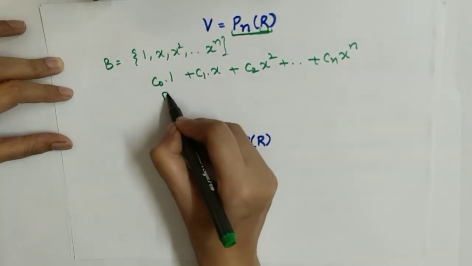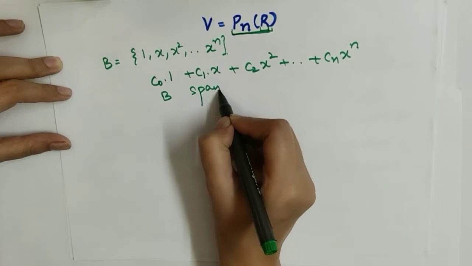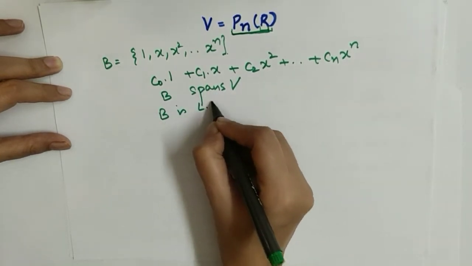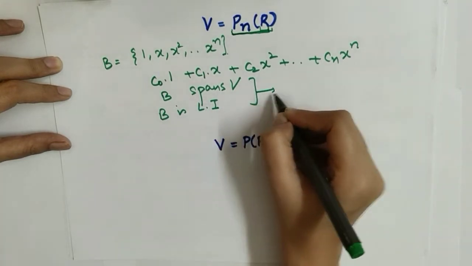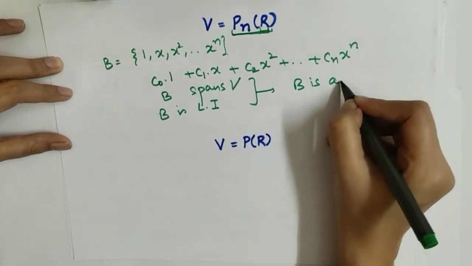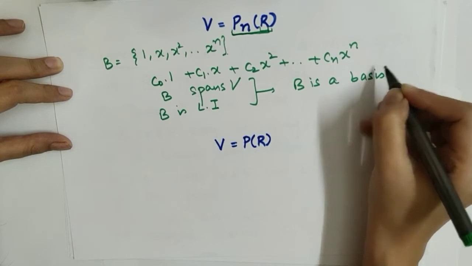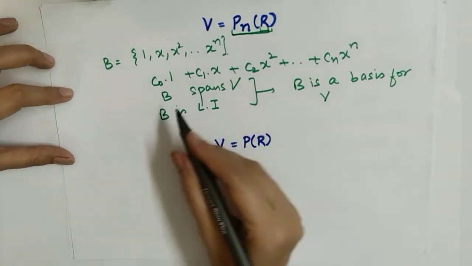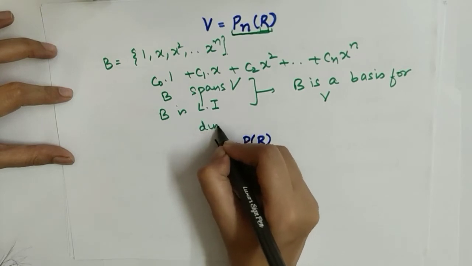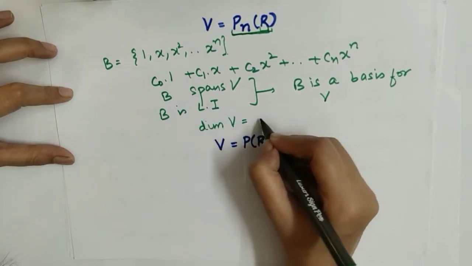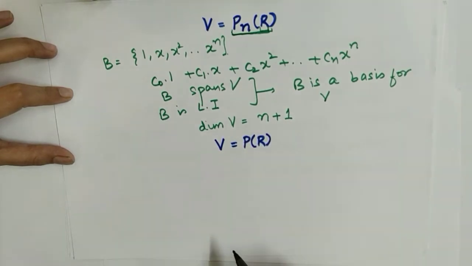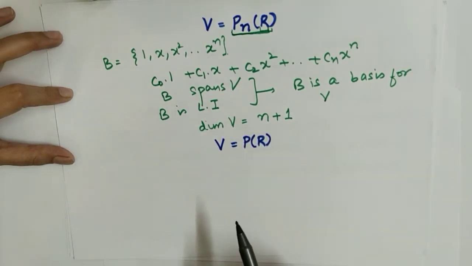So B spans V. Also, it can be seen that B is linearly independent. Hence, B is a basis for V. The dimension of V here is n plus 1, since there are n plus 1 elements in B.